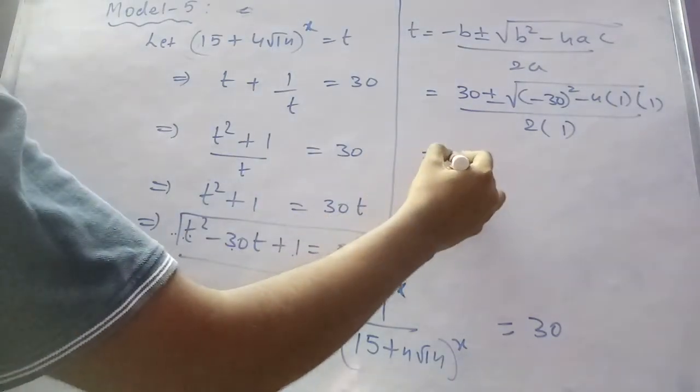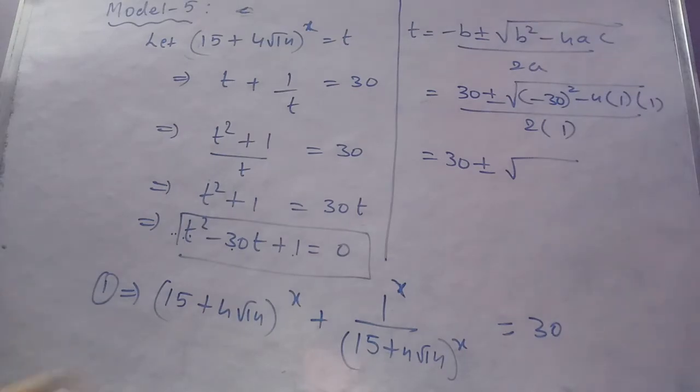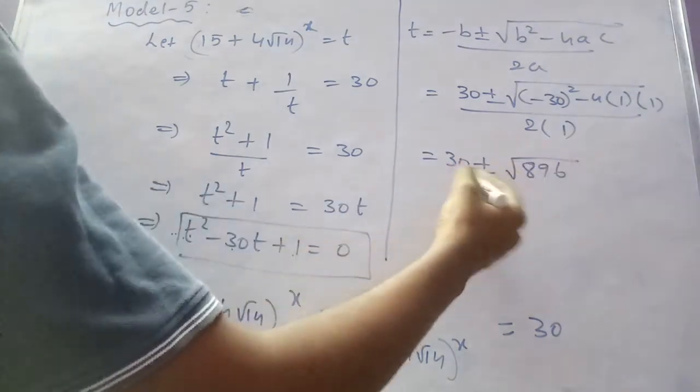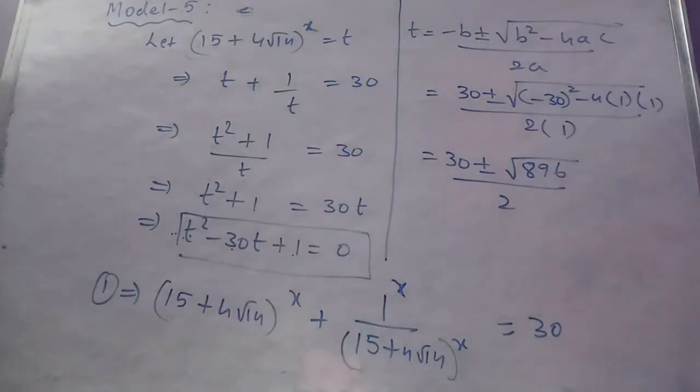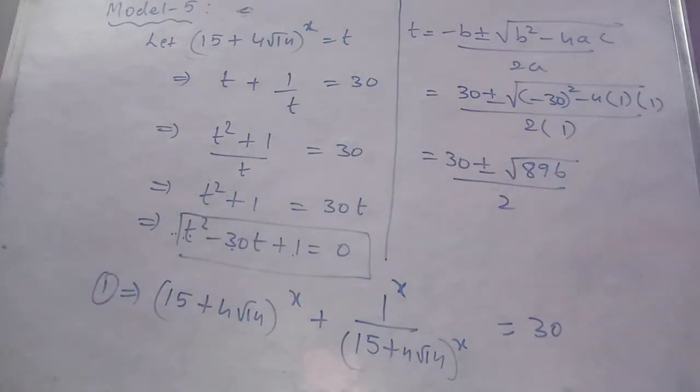So it is equal to 30 ± √(900 − 4), which means √896, whole divided by 2. Prime factorizing, 896 is 64 times 14.